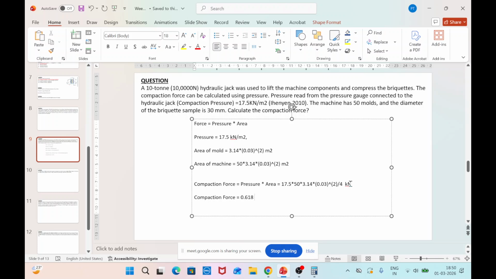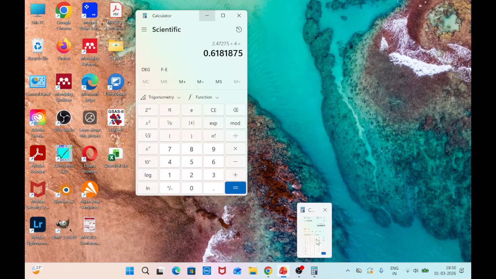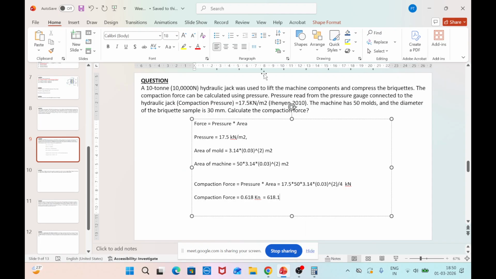or if you want to write it in terms of Newton, then it would be 618.18 Newton.